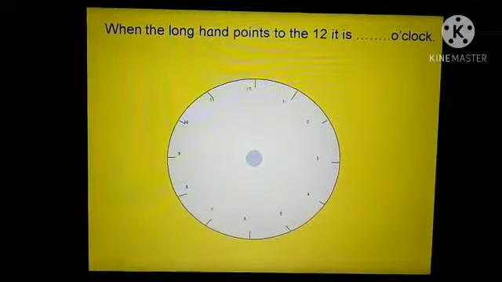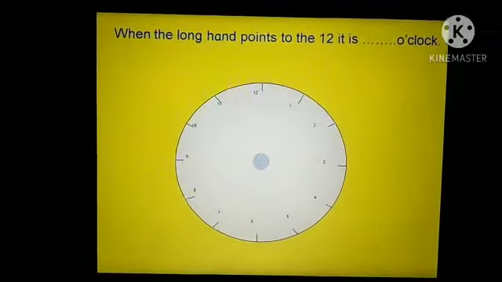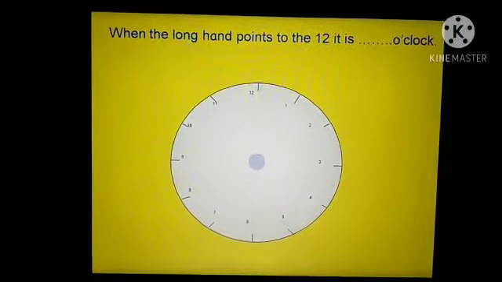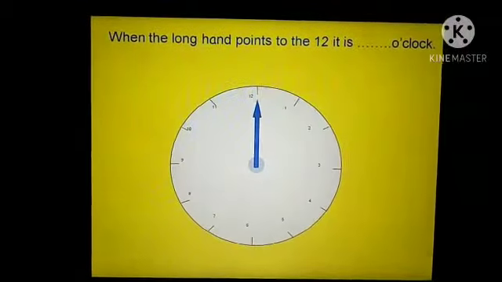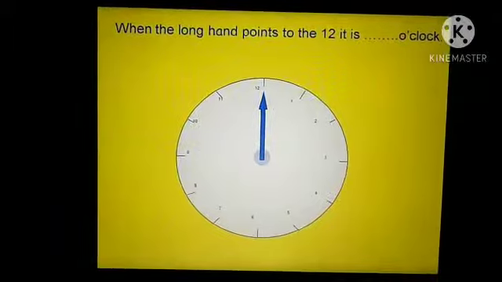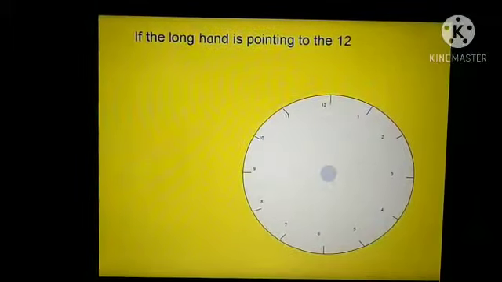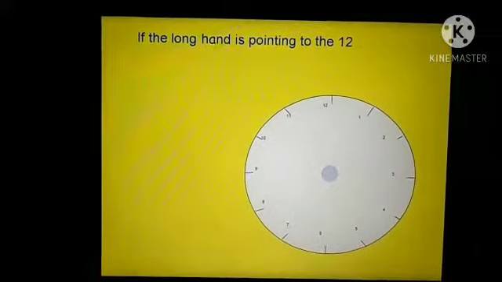Wow, again comes our clock. That is an analog clock. But again, it looks like something is missing in this. Wow, again the minute hand is pointing towards 12. The long hand is pointing to the 12.